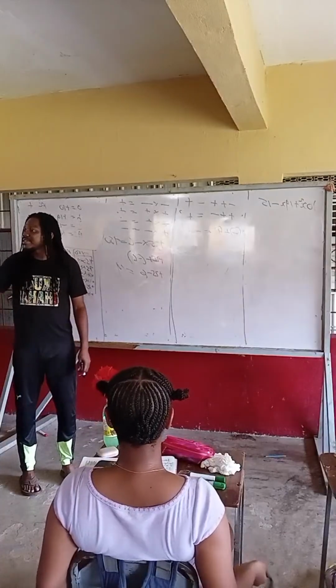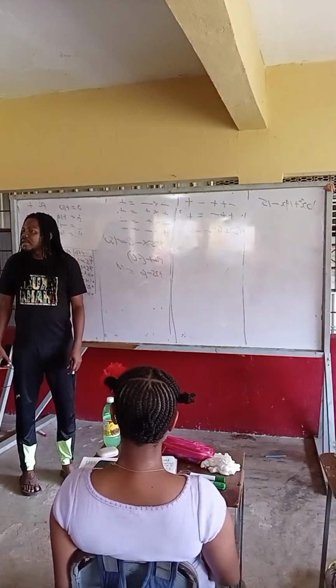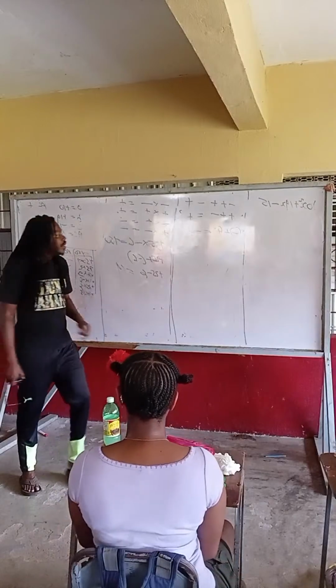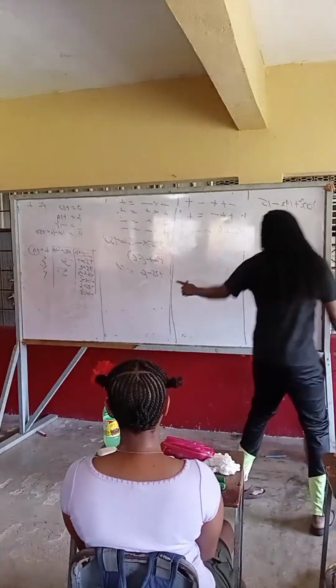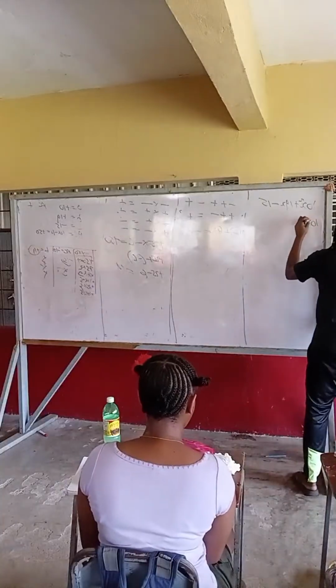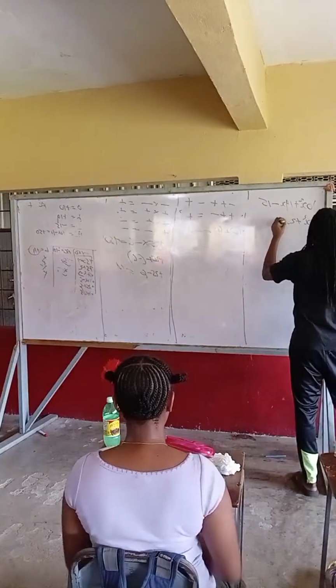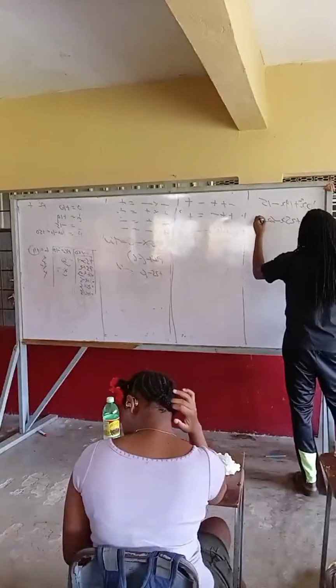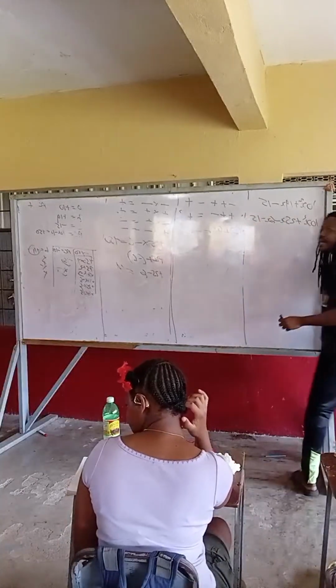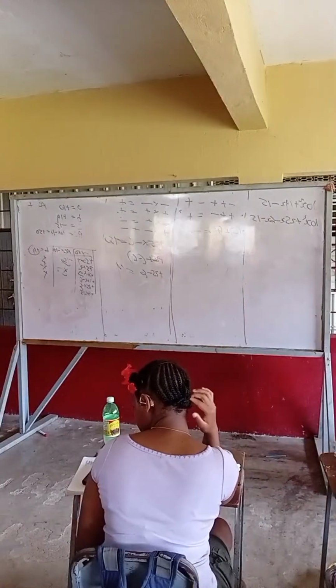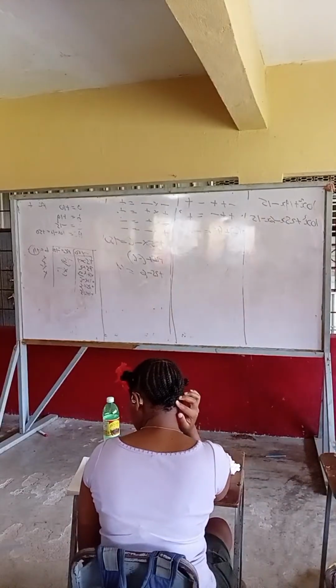Everybody see that? These are things that make math simple. So we come now and we get positive 25 and minus 6. So I say 10x squared plus 25x minus 6x minus 15. Everybody see that? All right.